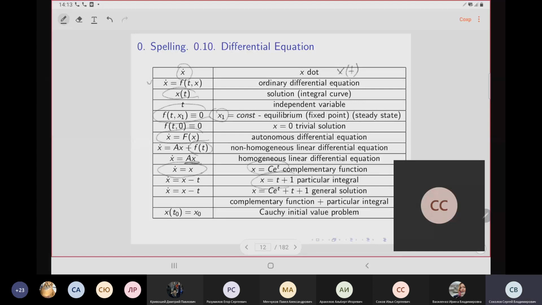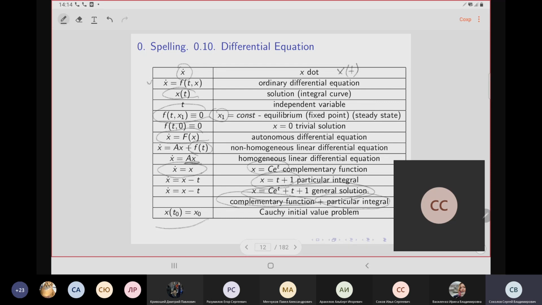Some solution of a differential equation is called a particular integral. So any one of the solutions is called a particular integral. The sum of a particular integral and the complementary function for linear differential equations is the general solution. So it consists of a complementary function and a particular integral for the linear case.